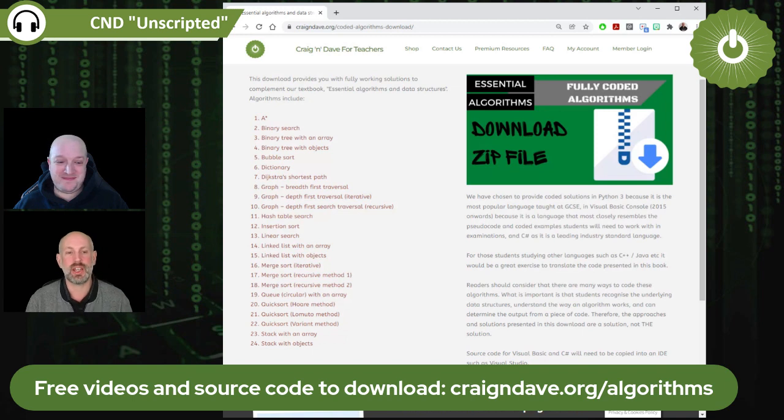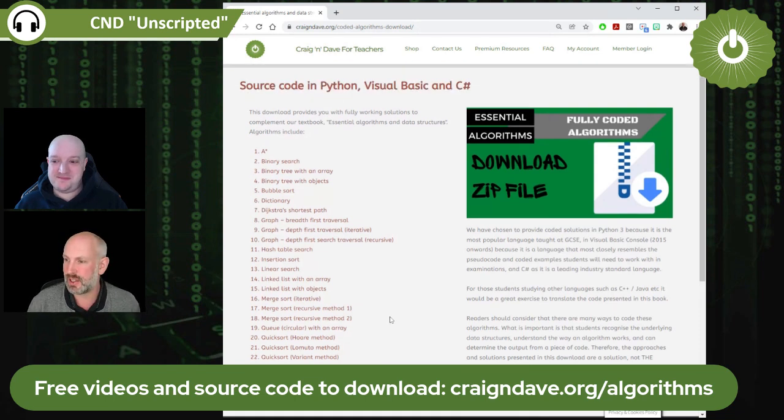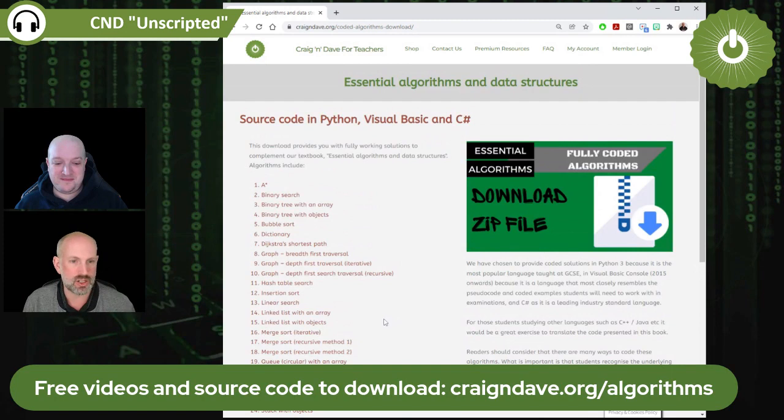So if you're teaching A-level C# using our resources like we do, then you have got all these algorithms in C# as well. I had to learn a little bit more C# in order to implement some of these, but again, it was about me trying to find the simplest approach, really, without introducing loads of extra stuff, so that the code sometimes is a little bit longer than perhaps it needed to be if I was using some of these little tricks and shortcuts in the language.